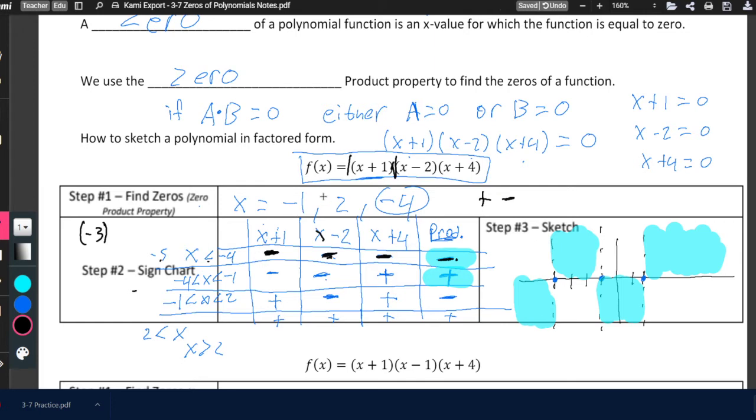As we stated before, at negative 1, at 2, and at negative 4, it equals 0. We already know what the function is at those points. We're looking for whether the function is positive or negative beyond those 3 points. So this tells us whether the function is positive or negative when it's not at these zero points.